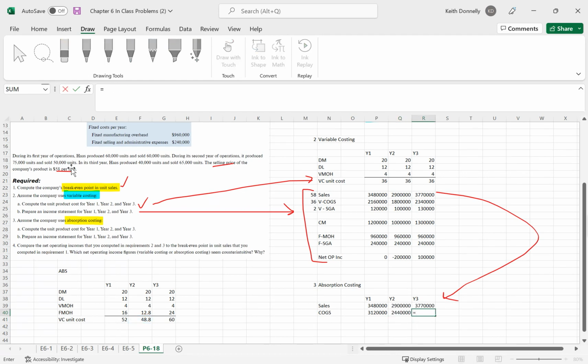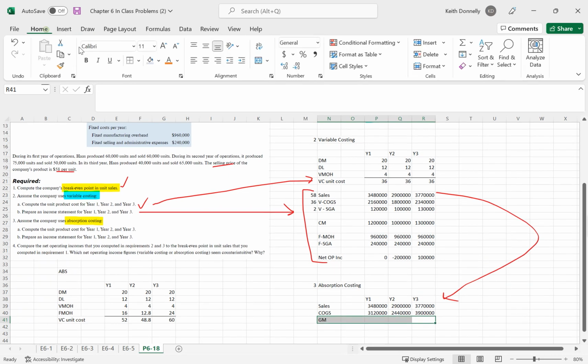And we've got to take the 60 in year 3 times, let's see here, how many we sold? 65,000. So with that, we're going to have our sales minus our cost of goods sold. This is going to get us our gross margin. Carry it across. It looks like we're positive, positive, negative here.